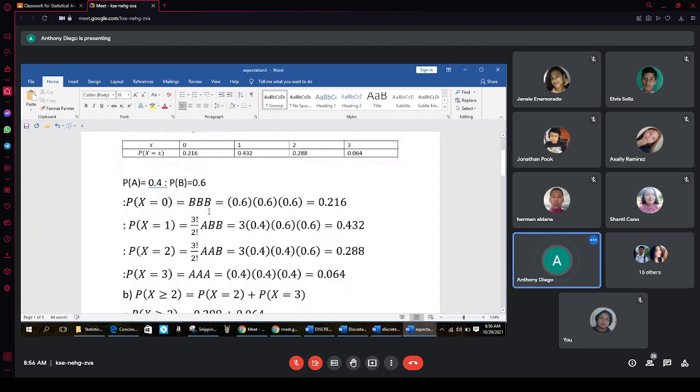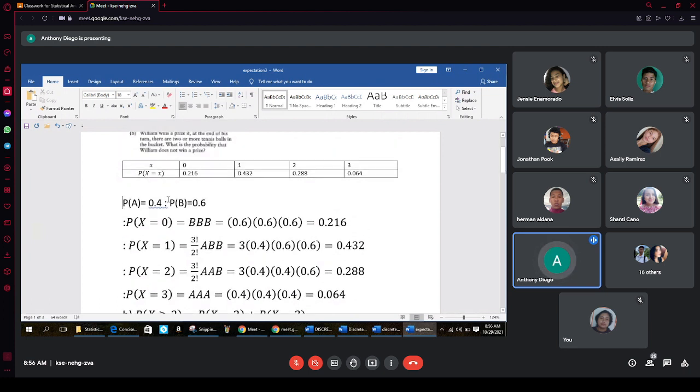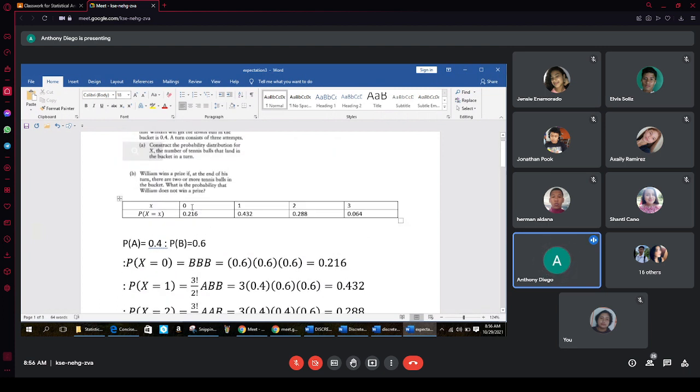Any questions? So now this is telling us that he has 3 attempts, which means that no balls could have gone into the bucket. For his 3 throws, you can get 0.